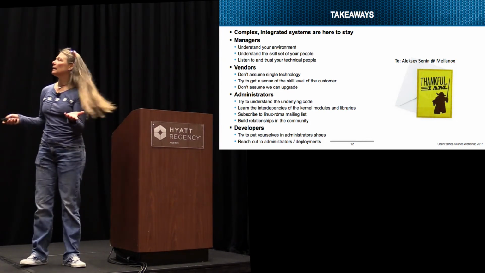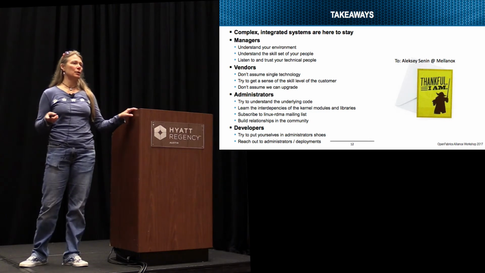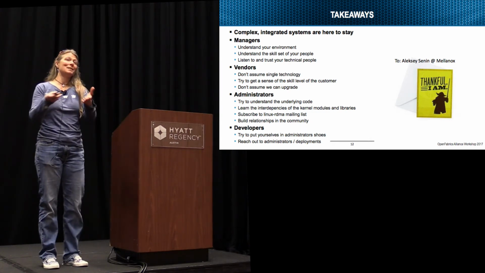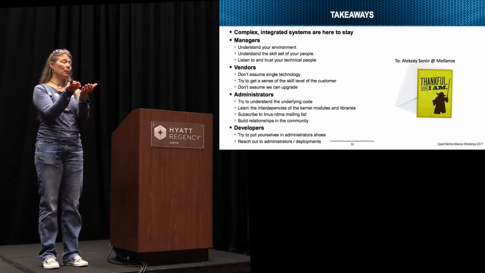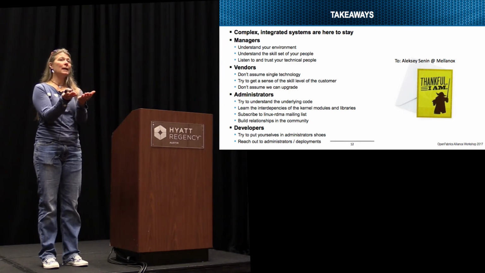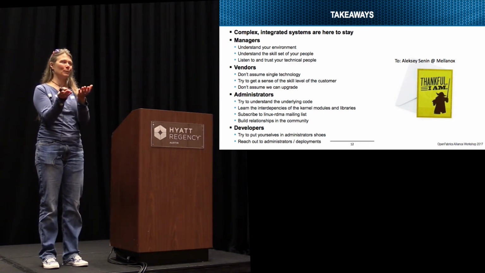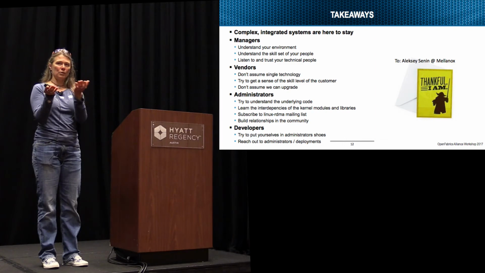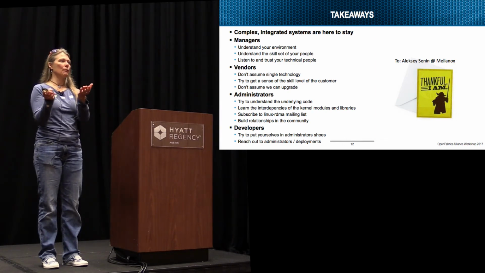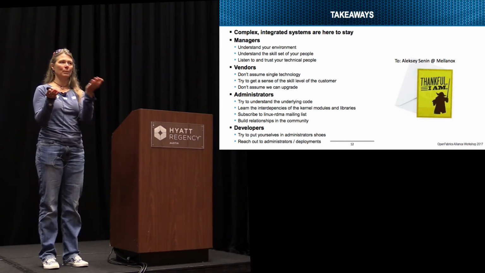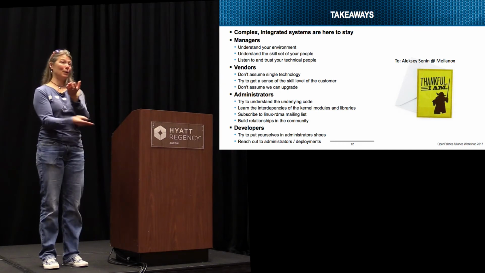So here are the takeaways. First of all, complex systems are here to stay. We're testing OPA and InfiniBand in the same environment, and I hesitate to call it OPA and InfiniBand. Sorry for those in the room, but OPA advertised itself as the next better thing to InfiniBand. There's a lot of InfiniBand under the covers.